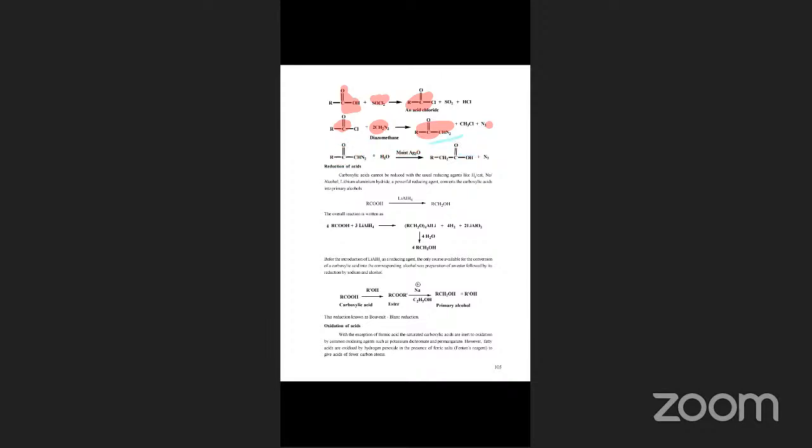Just see the reactant: RCOOH. Here the product is RCH2COOH, meaning one carbon atom is increased. That means lower carboxylic acid to higher carboxylic acid. So that is known as the Arndt-Eistert reaction. Clear?